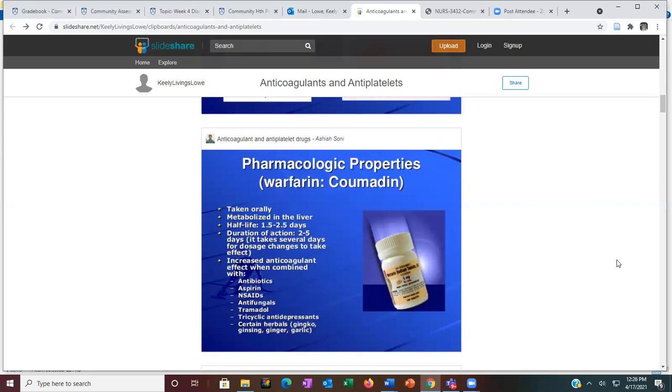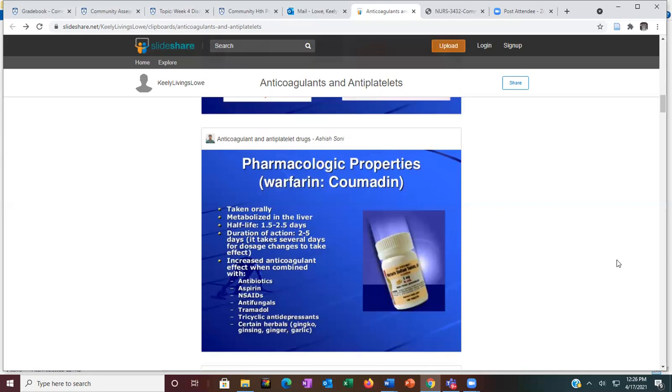So patients that are taking antibiotics or aspirin or NSAIDs may be advised not to take those things. So it's very important that our patients understand that medications can interfere. Herbal medications in particular, particularly aspirin and NSAIDs. Those medications, which we've talked about before, are COX-2 inhibitors, COX-1 inhibitors.